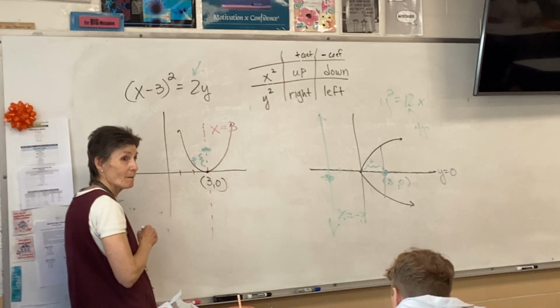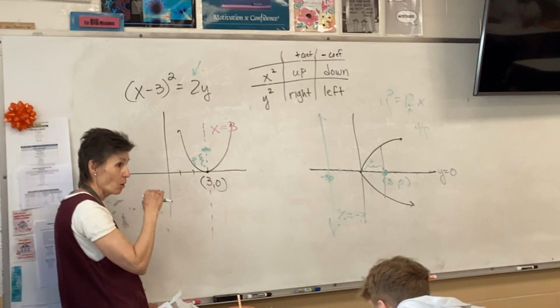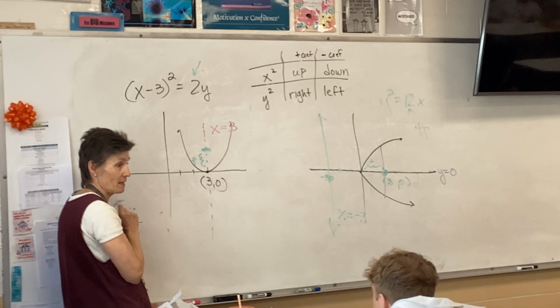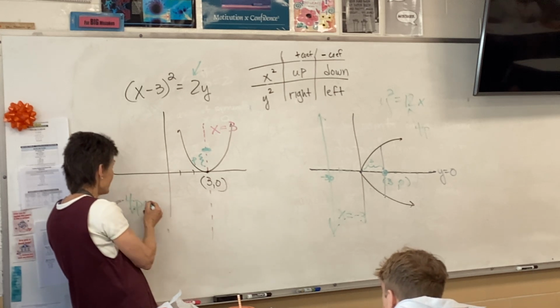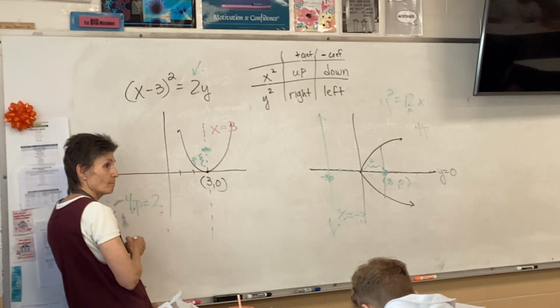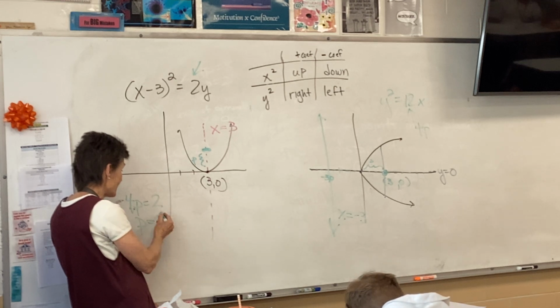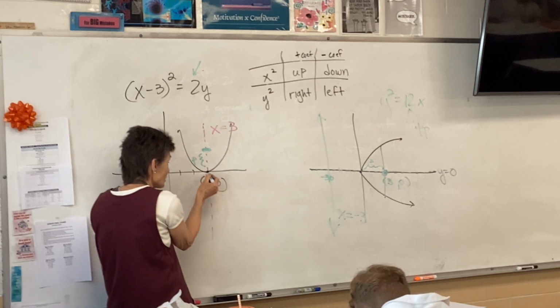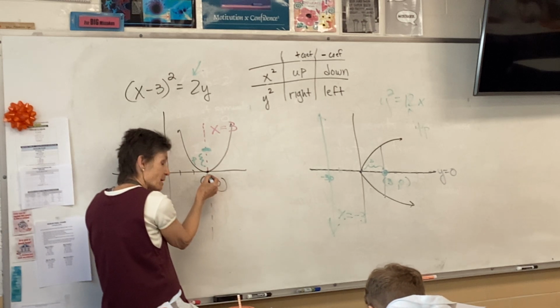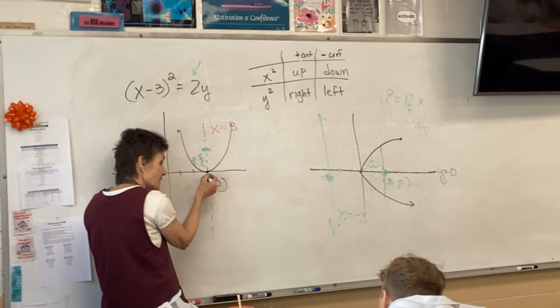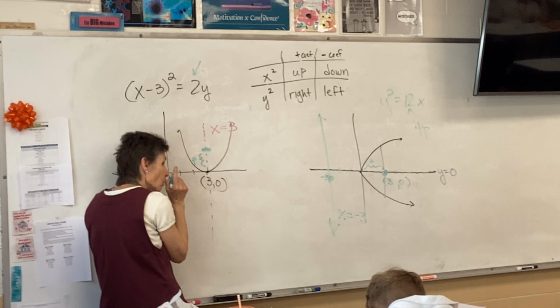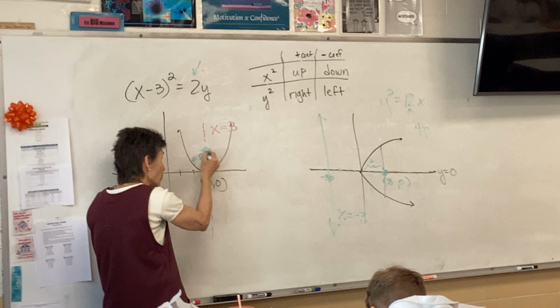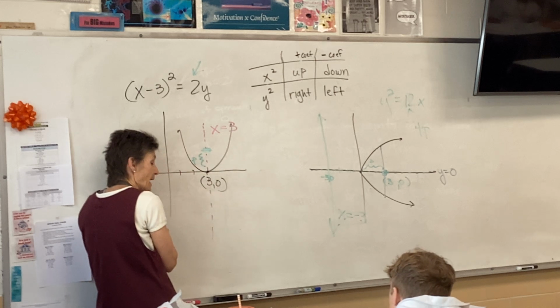What do we know about that number? It is always 4P. So 4P is 2, which means P is a half. So I'm going to start at this point right here, and you got graph paper. Start at this point right here and go up 1/2. Where will that point be if I go up 1/2?